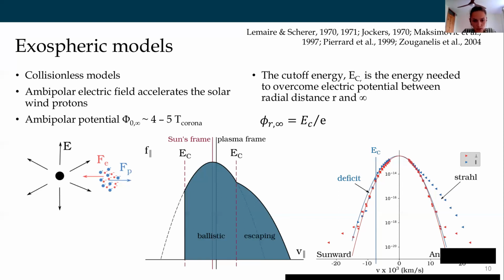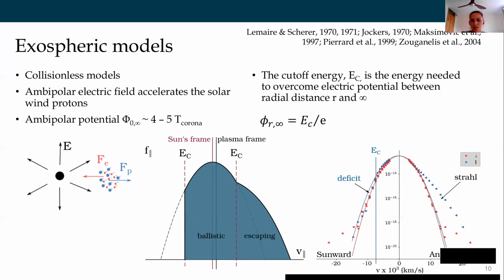So we don't expect to see any electrons with velocities higher than the electric potential energy in the sunward portion of the distribution function. So this feature that we see here is called the electron cutoff in exospheric models. And so basically, if we know this electron cutoff, we can directly relate it to the electric potential in the solar wind.